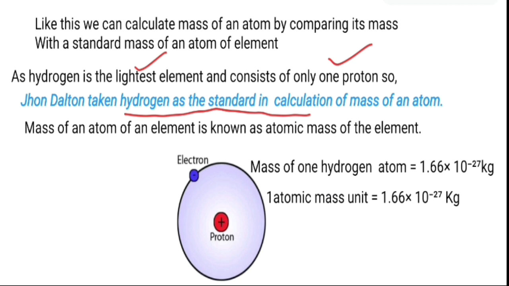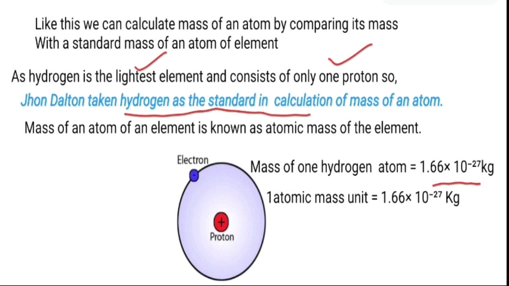So what is the mass of a hydrogen atom, children? The mass of the hydrogen atom is 1.66 x 10^-27 kg. But 10^-27 kg is very difficult to put in calculations, because the value is very small.